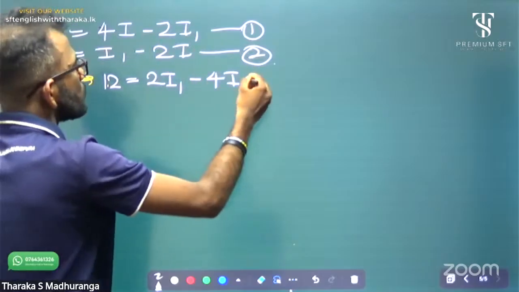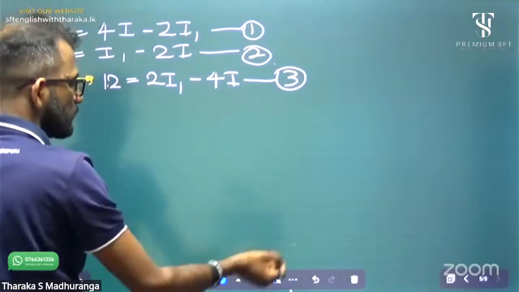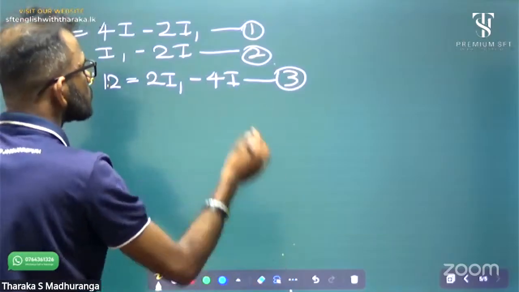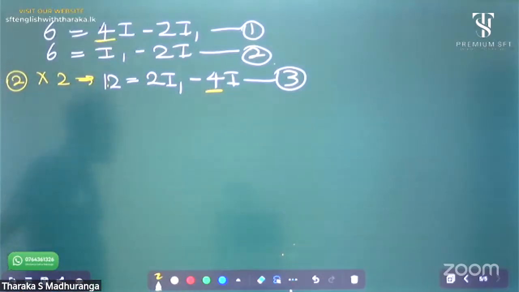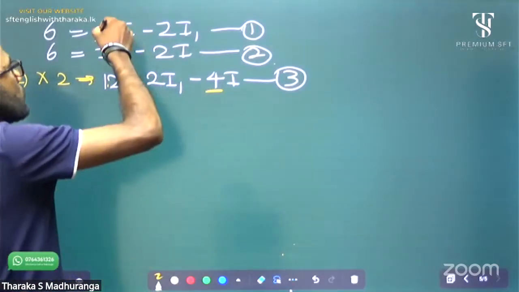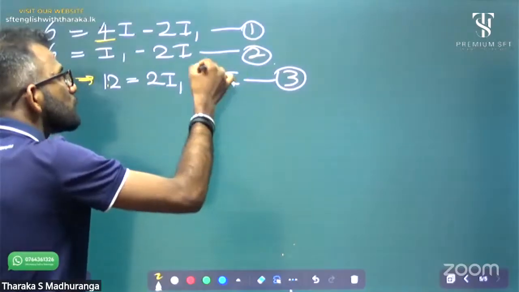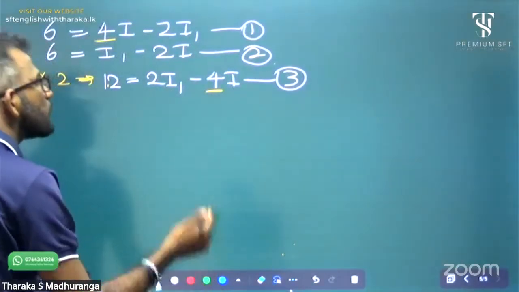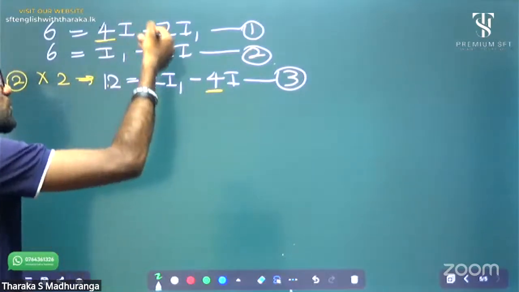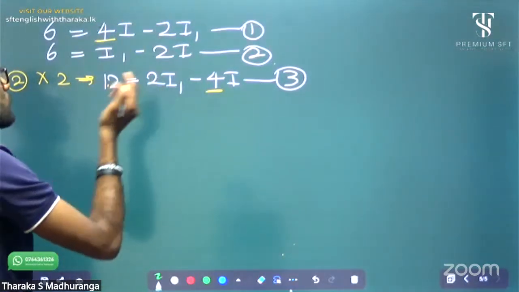Now this is my third equation. Now you can see the I coefficient of both equations is the same, 4I and minus 4I. If it is plus and minus, always add these two equations.